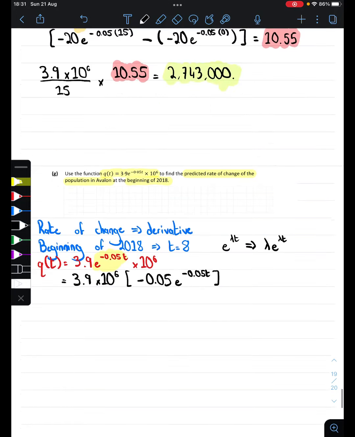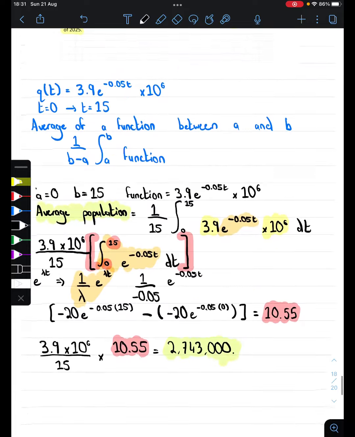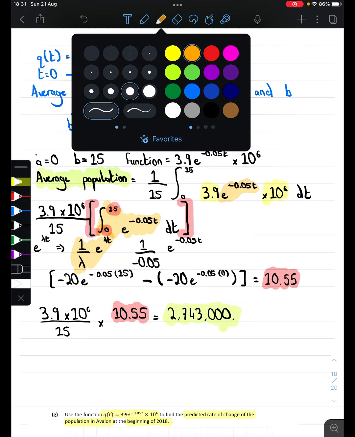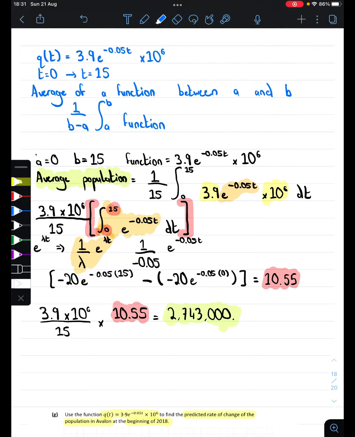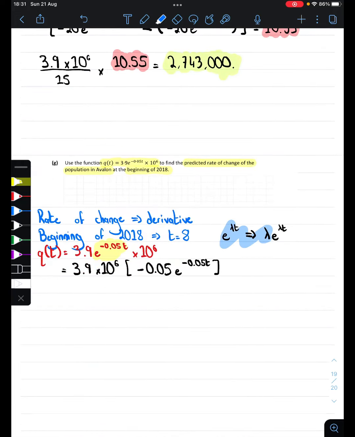So it's sort of like the opposite of the integral, which we know the derivative is essentially the opposite of the integral. So for the integral, e to the lambda t becomes 1 over lambda e to the lambda t, and here it becomes lambda e to the lambda t.